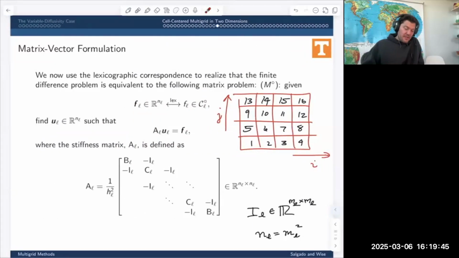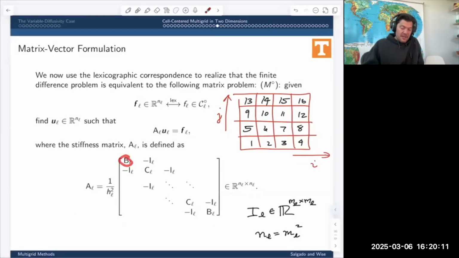Well, this whole matrix here, again, is an NL by NL matrix. And so remember, NL is ML squared. That's the total number of grid points in this direction times the total number of grid points in the Y direction. So NL is much bigger than ML. So this matrix is a lot bigger. So how many blocks are there in total?